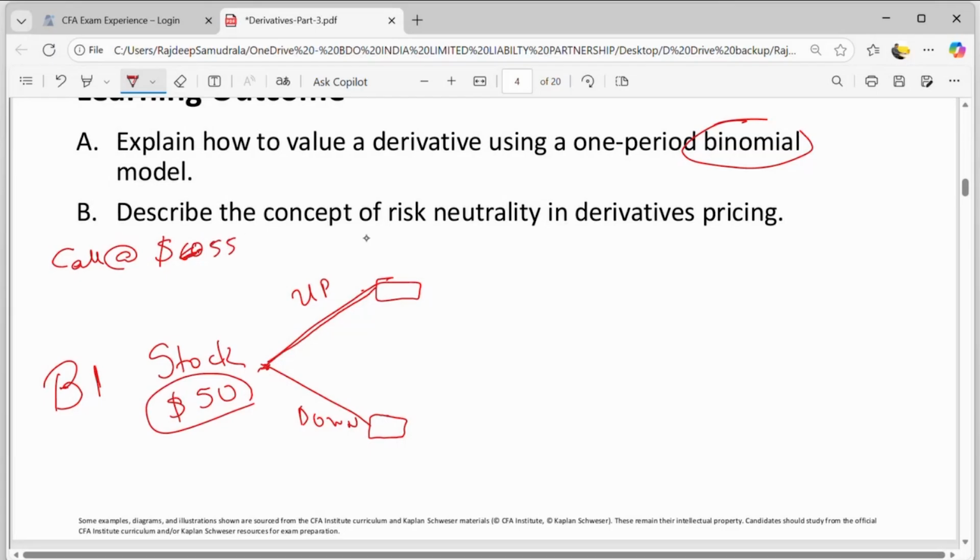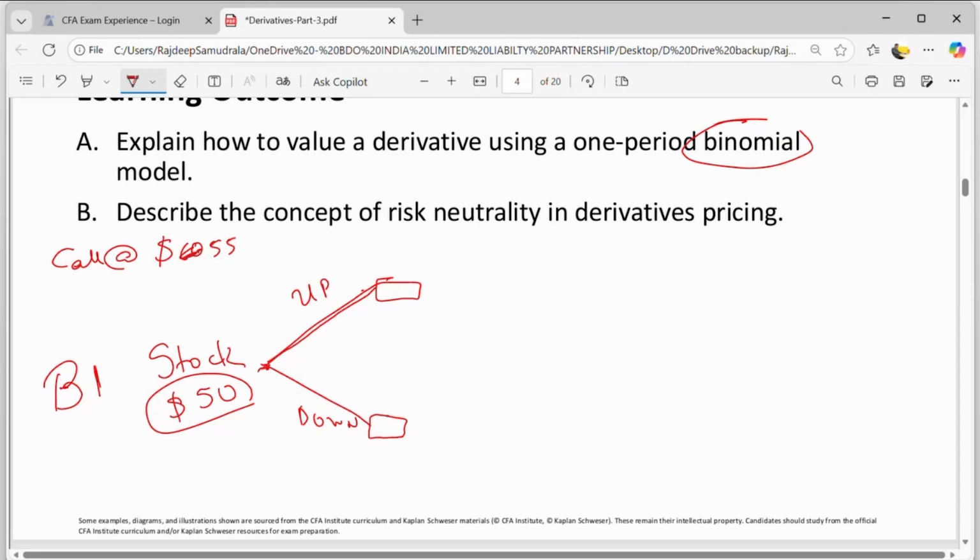Now the stock is $50 and you have a call at 55. That means if the stock goes above 55, it will be worthwhile. If it is below 55, it is useless, right?